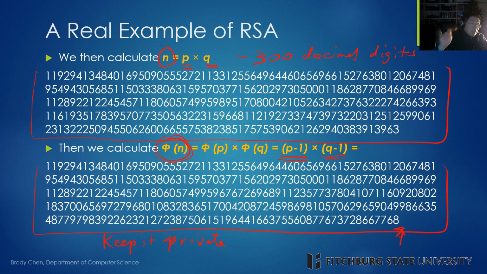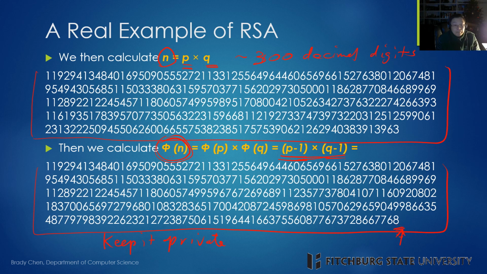So keep P and Q private. Never tell people these two prime numbers, and also keep phi of n private. You know how to get the number: you just do the multiplication. But if they don't know P and Q, they need to go through the definition. So they're never going to be able to find out phi of n in their lifetime.